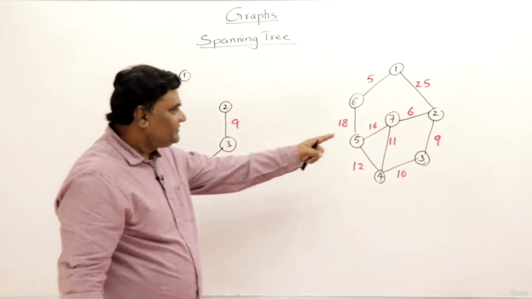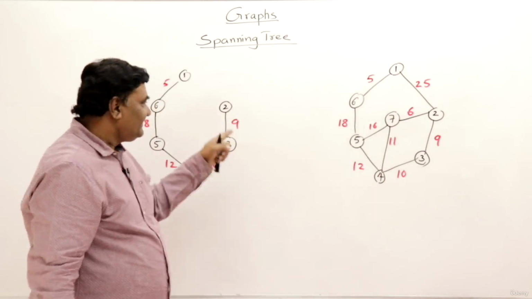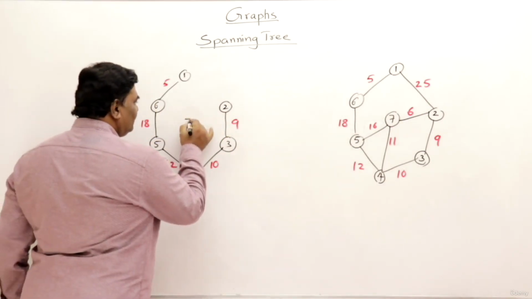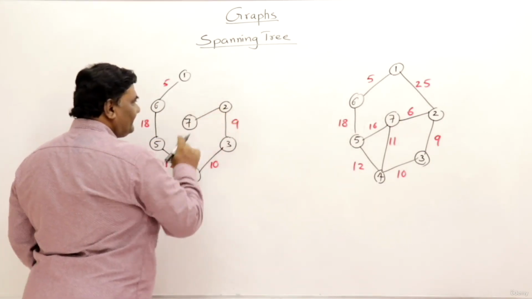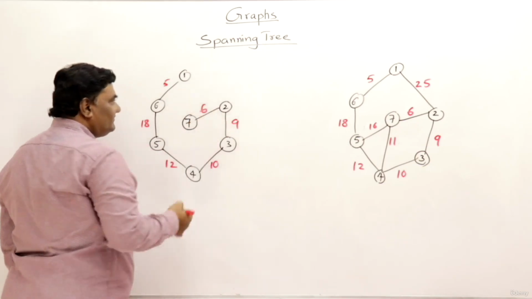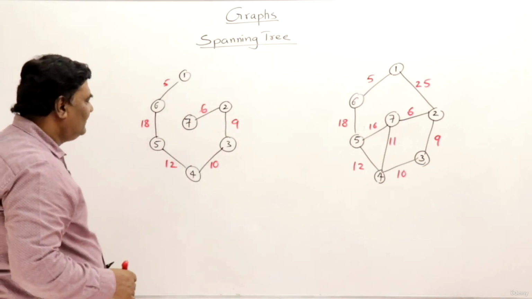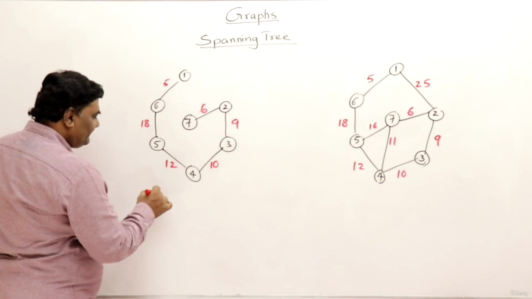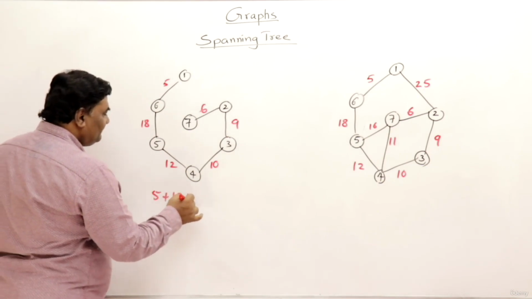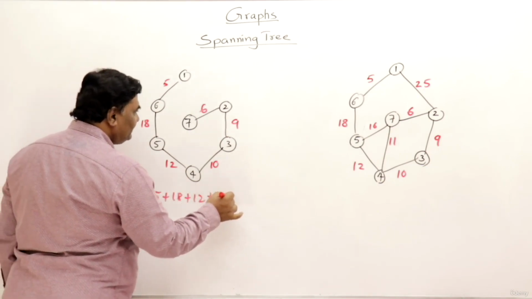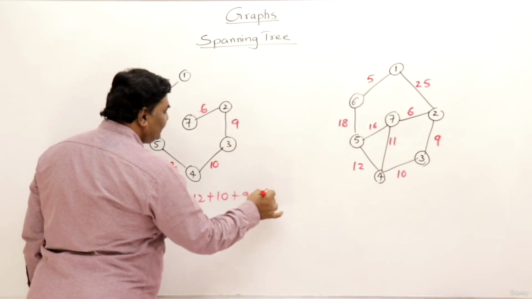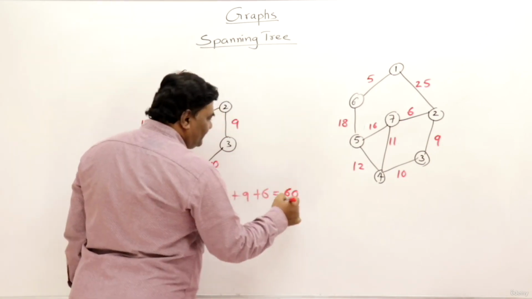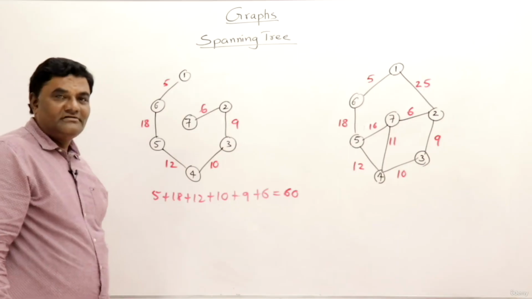Then the next minimum is 2 to 7, that is connected to 2, 6. Yes. So what is the total cost? 5 plus 18 plus 12 plus 10, 9 and 6, 60. So the total cost is 60.